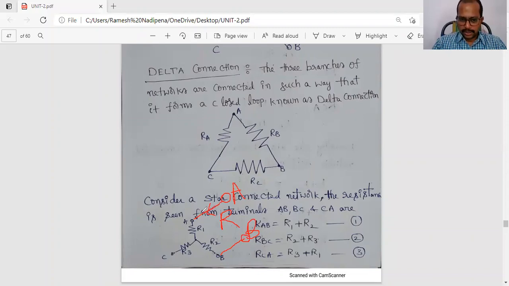Current enters terminal A, passes through R1 and then R2, and leaves terminal B. Listen carefully here: we don't consider this resistance value.